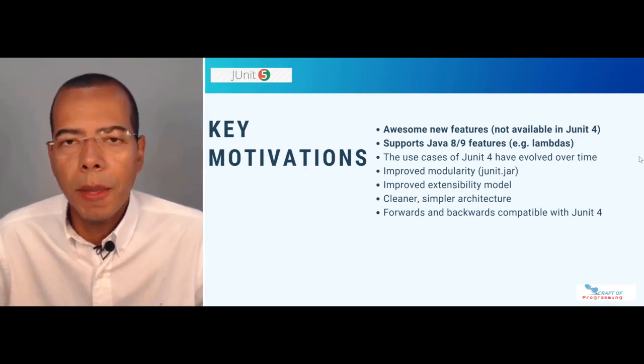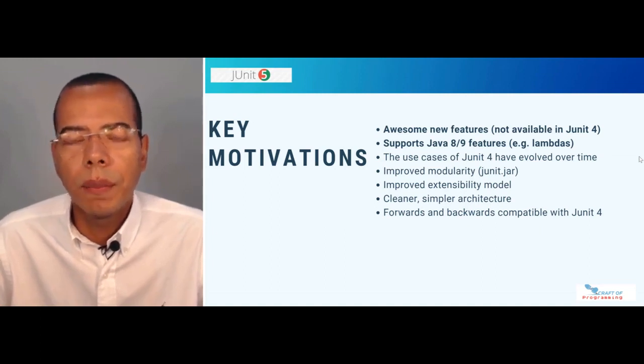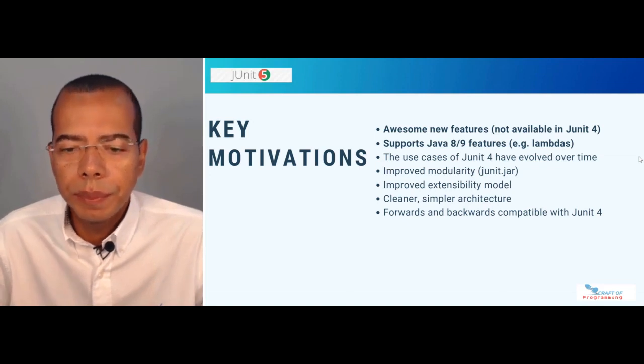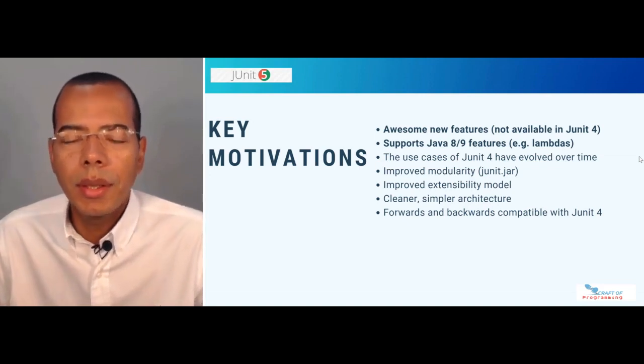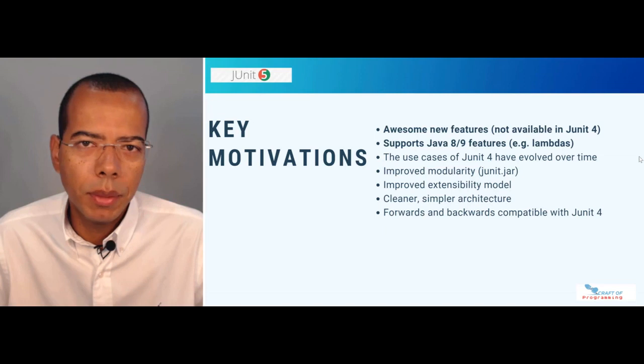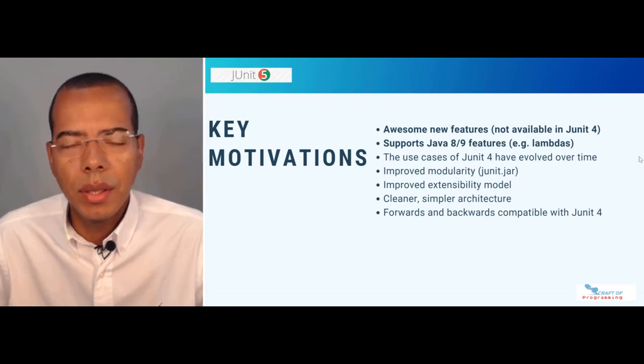There is a new extensibility model, which effectively replaces the rules and runners extension model of JUnit 4, which we're going to cover, as well as a cleaner and simpler architecture. Perhaps if you're just writing tests, you're not really concerned about architecture, but for people that build tools or IDEs, this is really a concern and something they pay attention to and value.